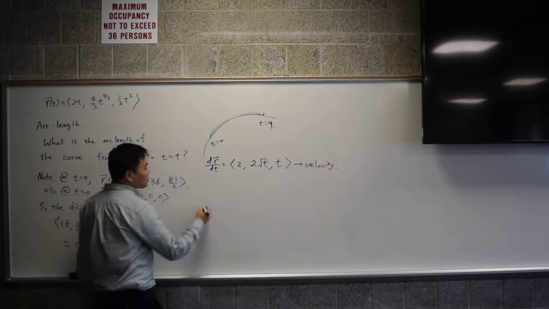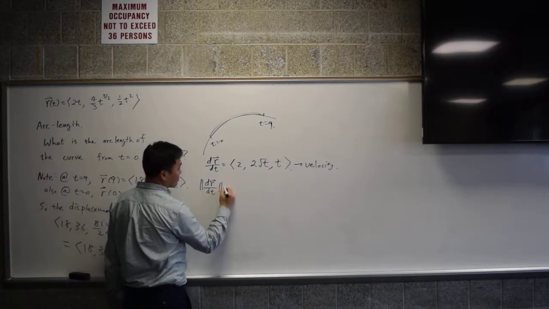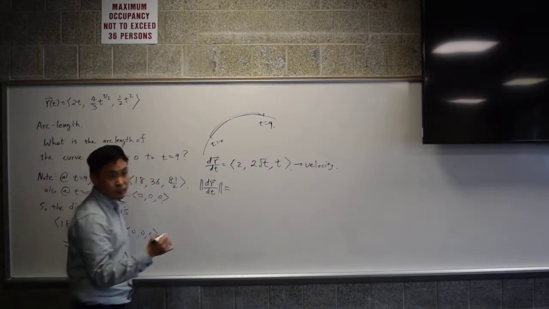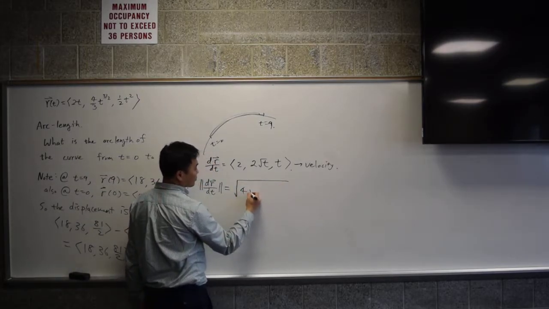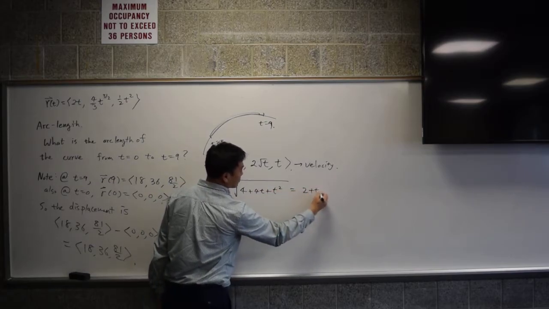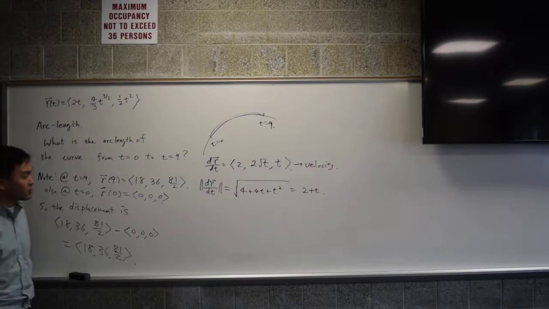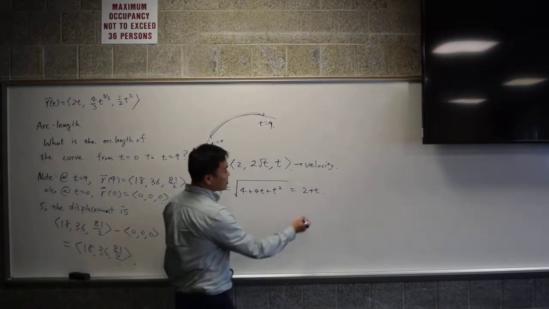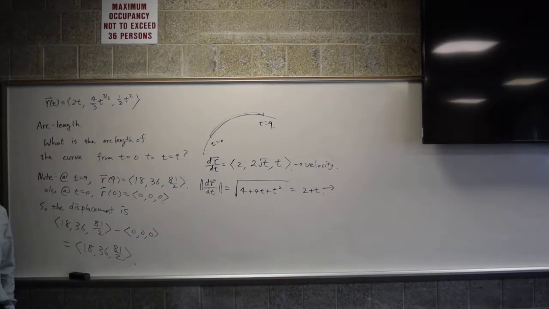Now, if you take the norm of the derivative, what do you get? So that's the value of the norm of the derivative. But what's the physical meaning of this? Your tangent?